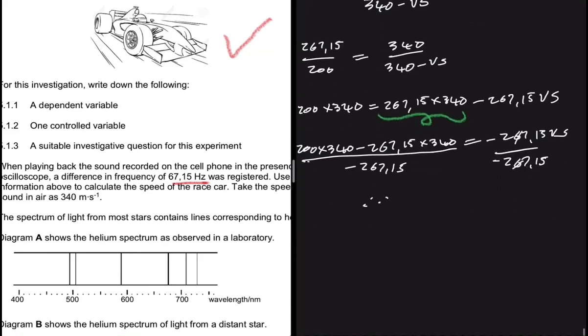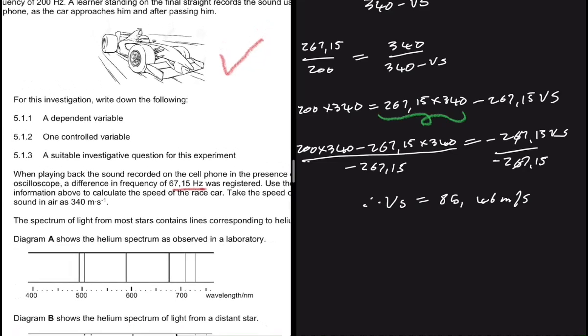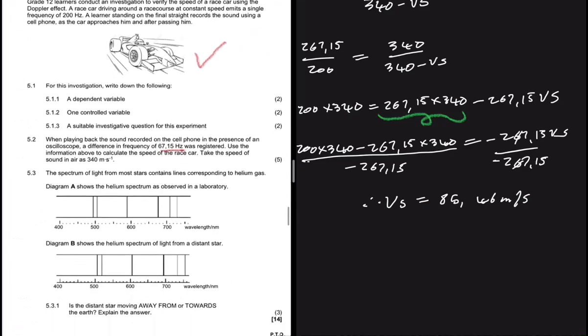So we're gonna get Vs equals 85.46 meters per second, right? If you take the case where the car is moving towards, you're gonna get something around 170 meters per second, right? So that is what is so weird about this question.